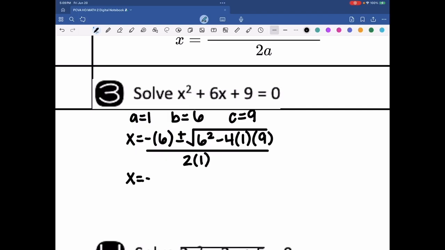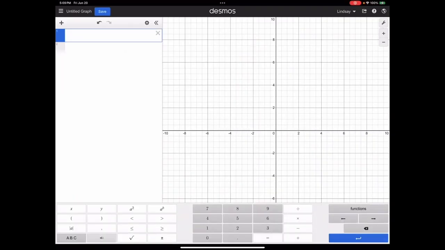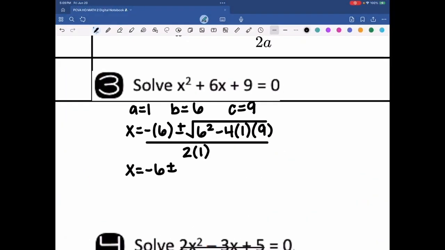We're going to say negative 6 plus or minus, so we need to do 6 squared minus 4 times 1 times 9, and that equals 0. So we have the square root of 0, which should remind me that if it equals 0, we should have one solution.